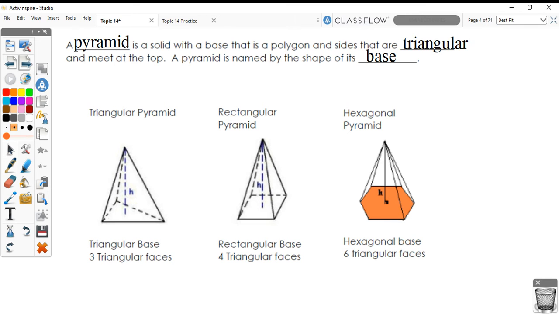You could have a rectangular pyramid where the bottom of your pyramid is a rectangle and you've got triangles attached to the sides of the rectangle that all meet up at the top. And a hexagonal pyramid is just another example. Okay, it's got a hexagon. It's got 6 sides around the base of that pyramid, so that'd be a hexagonal pyramid.